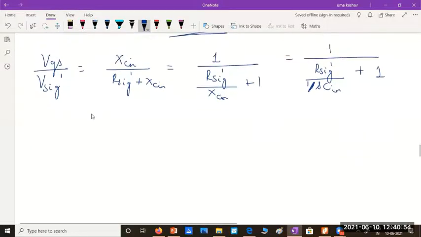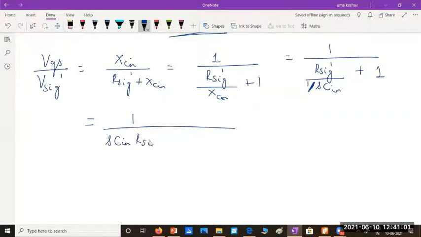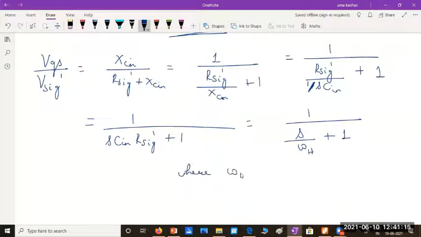So what would this be equal to? 1 divided by S C in R sig dash plus 1, or I can write it as 1 by S by omega H plus 1, where omega H is equal to 1 by R sig dash into C in.